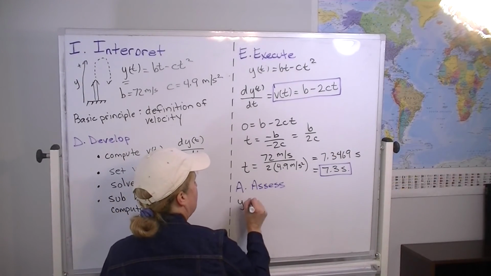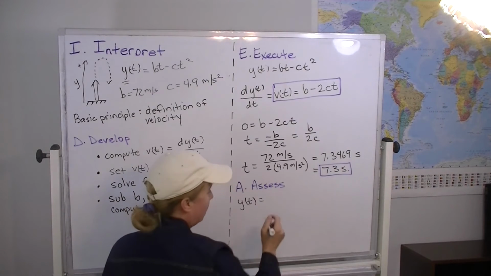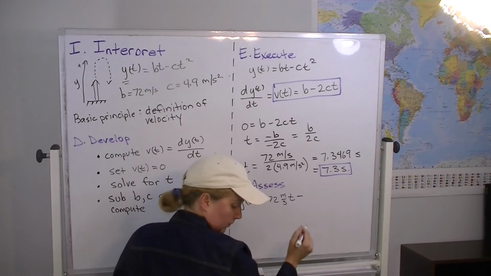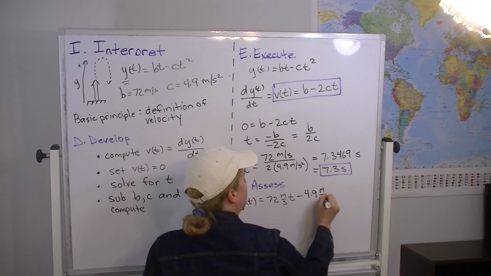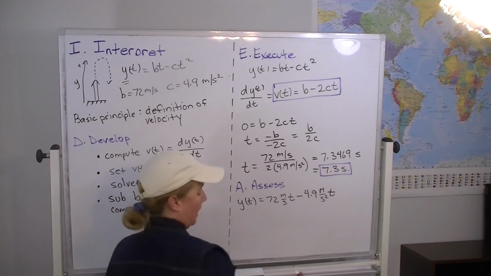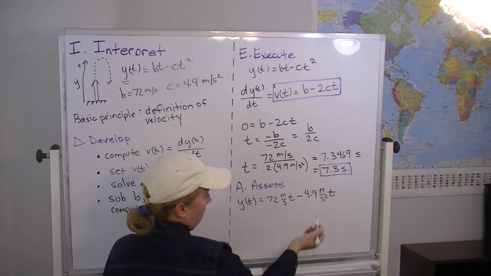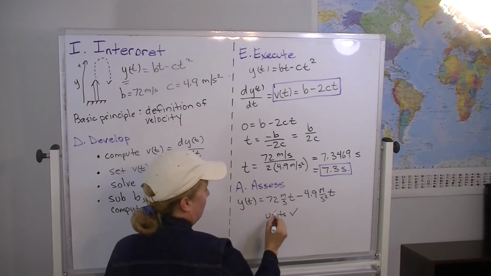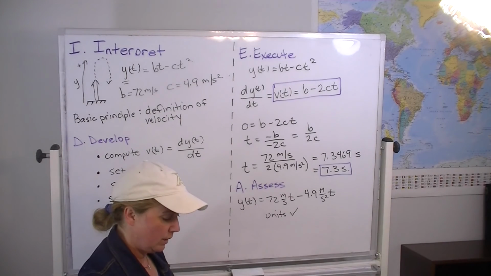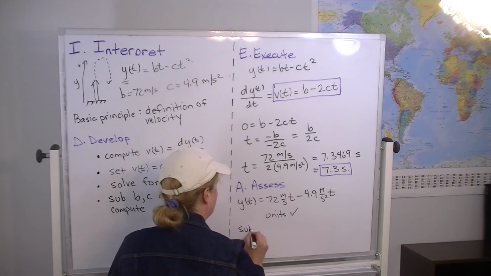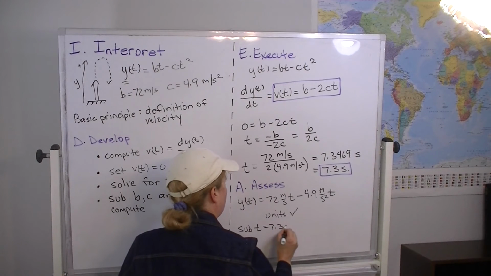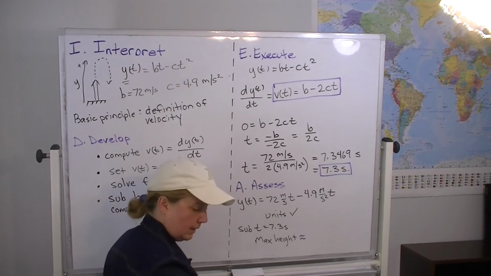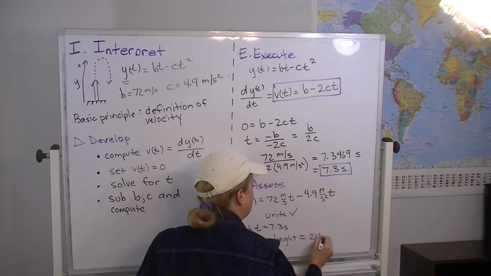So if we have y of t, and now we'll go ahead and substitute in our initial values, 72 meters per second times time minus 4.9 meters per second squared times time squared. And we've got a length here, and we've got a length here, because time will be in seconds, so the units check out. And then if we substitute in the time that we computed, we get a max height of approximately, since I did round off there, 264 feet.